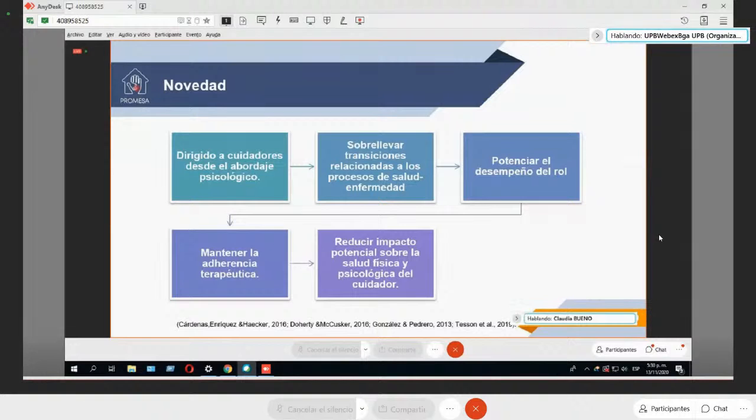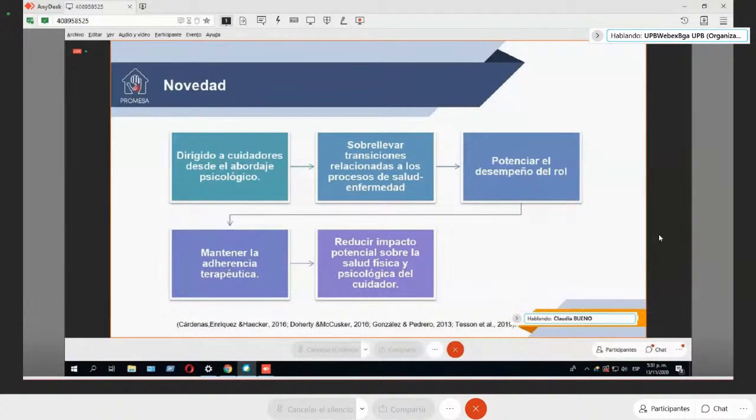So what is new in this that I am presenting to you? What we are trying to construct in the PROMESA program from Fundación Cardiovascular and Universidad Pontificia Bolivariana is a comprehensive program that considers not only the psychological process and the approach the caregiver has, but also the medical management of the kids, with the stress response that the kid may have towards the approach or the disposition of the medical team, because they may develop some phobias or anxiety disorders, particularly in children.